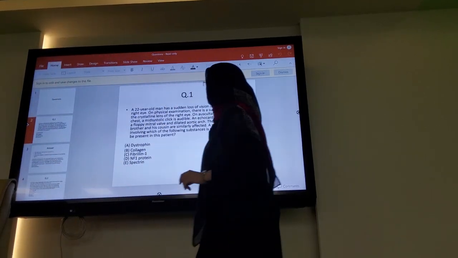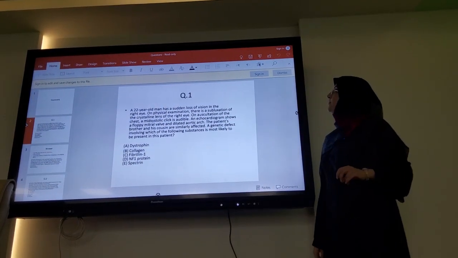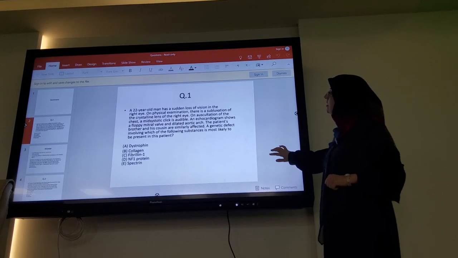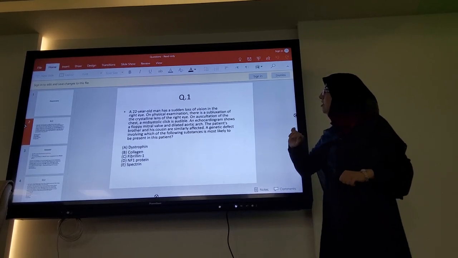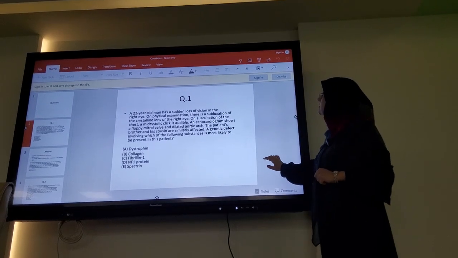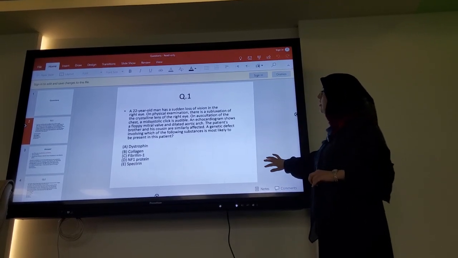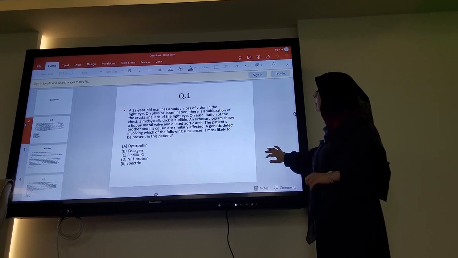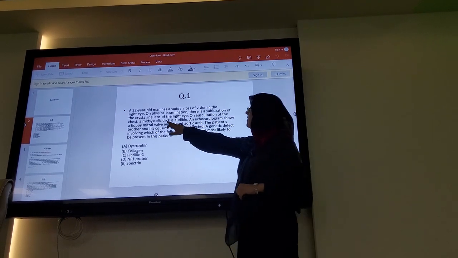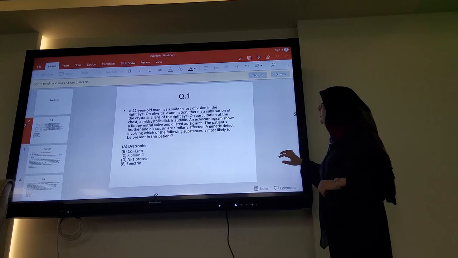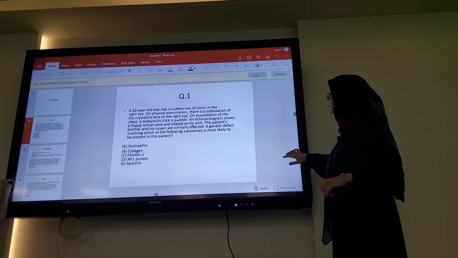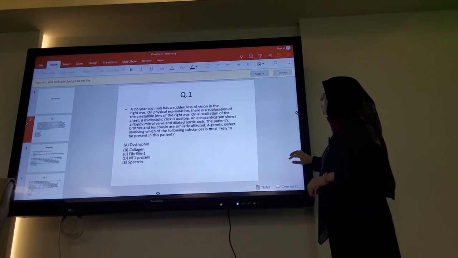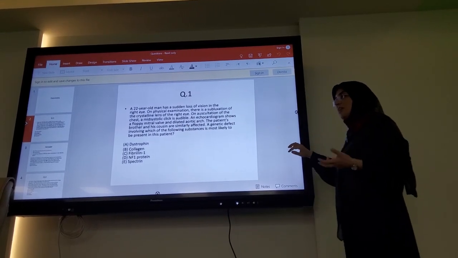A 22-year-old man has a sudden loss of vision in the right eye. On physical examination, there is subluxation of the crystalline lens of the right eye. He has a mid-systolic click, and echocardiography shows a floppy mitral valve, meaning mitral valve prolapse.